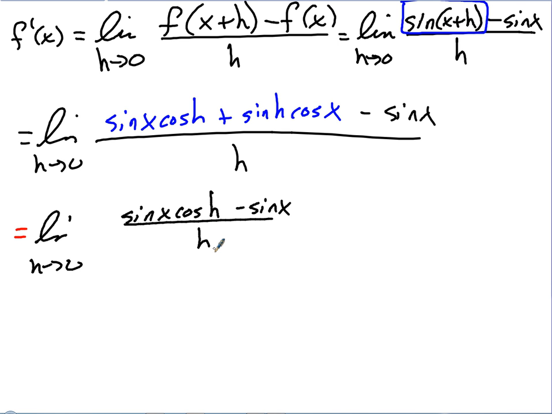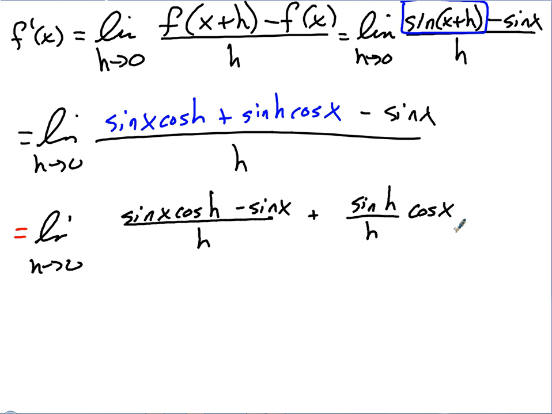And then I can split this. If I've got a common denominator, I can split this into separate fractions, right? Everybody agree? I can split this into separate fractions, and I'll just group those two together. Plus sine h over h times cosine x.